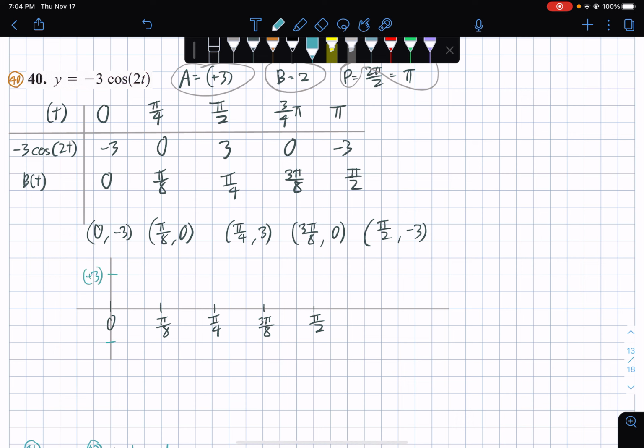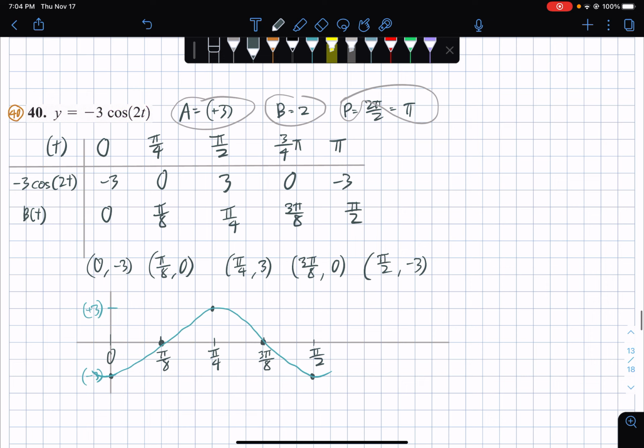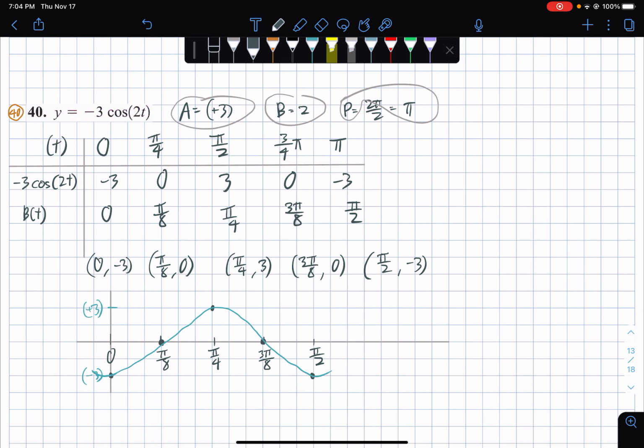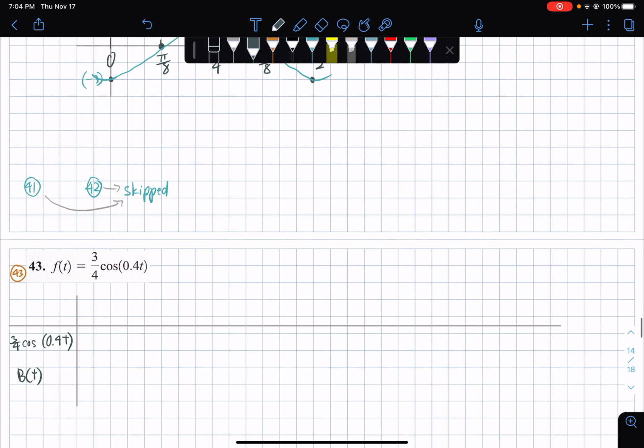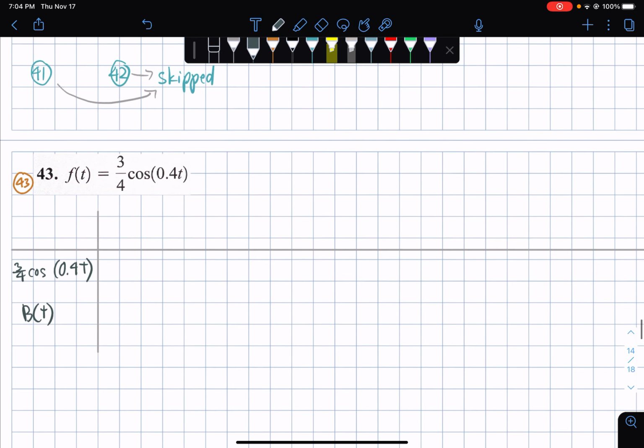This is positive 3 over there, negative 3 over there, and let's plot the points and later on graph them. There you go. That's number 40. Numbers 41 and 42 are skipped. So let's continue with number 43.